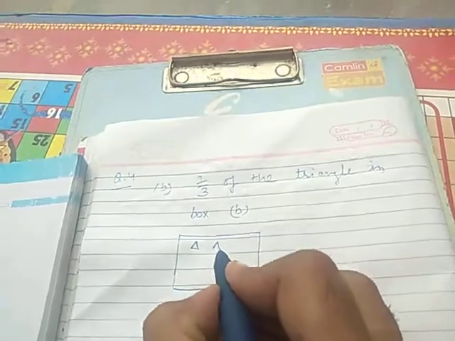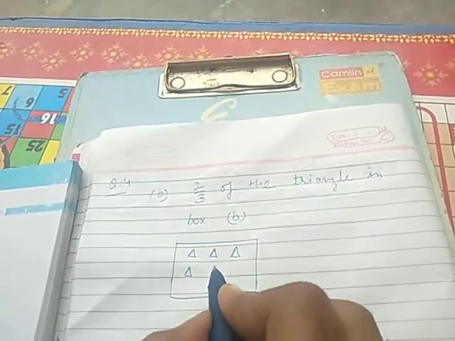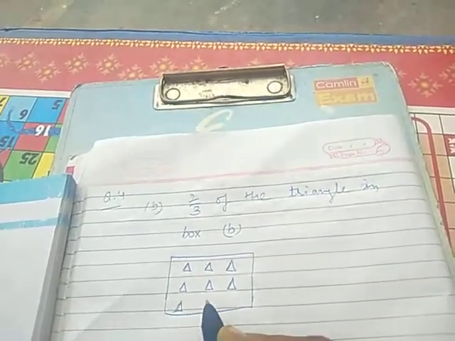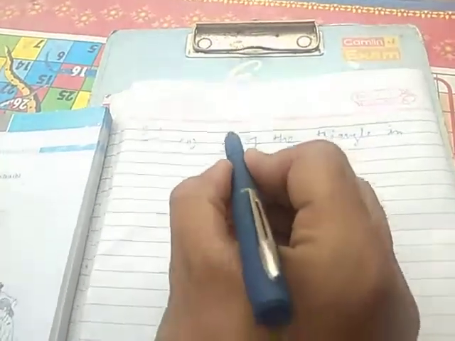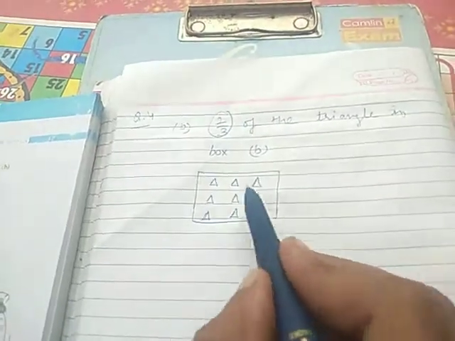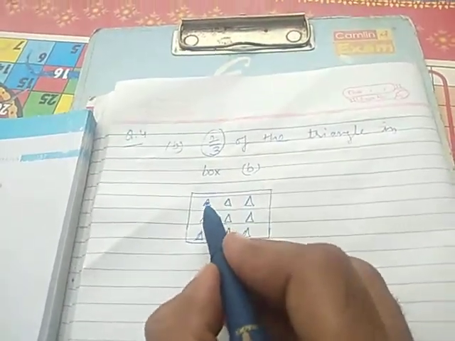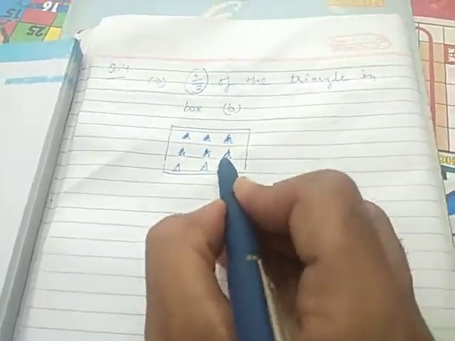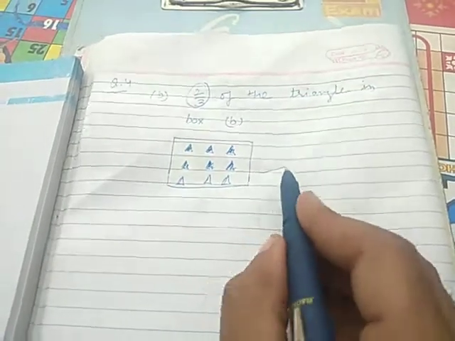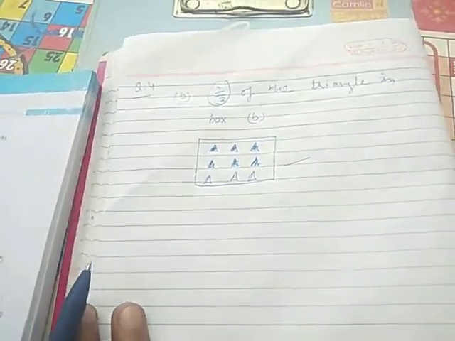We have these triangles. So we can shade it as 2/3. The fraction given is 2/3, so there are 1, 2, 3 rows here. We have to shade these 2 parts out of these 3 like this. Okay students, so this is the required shaded portion.